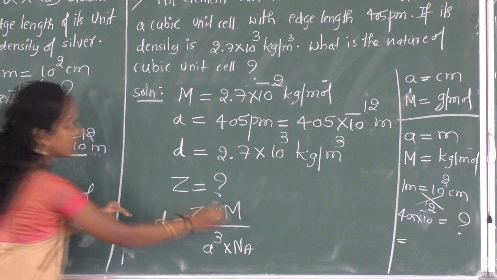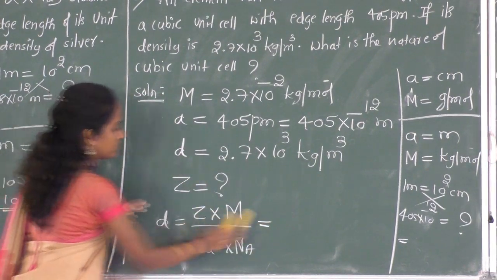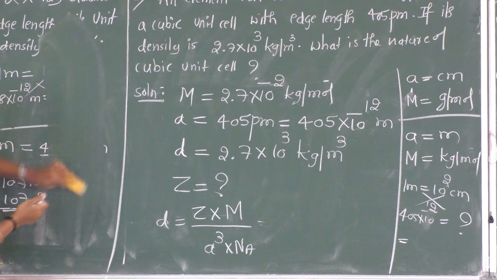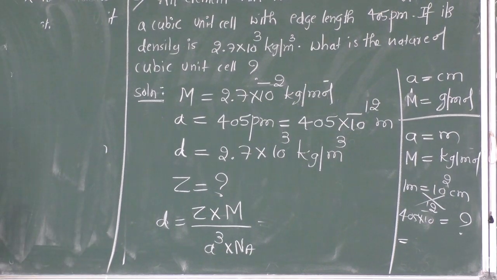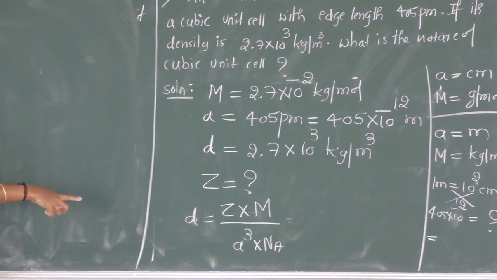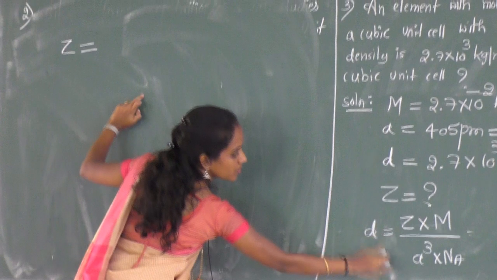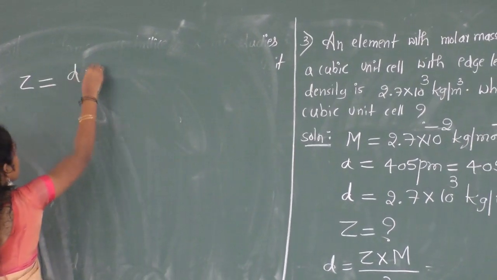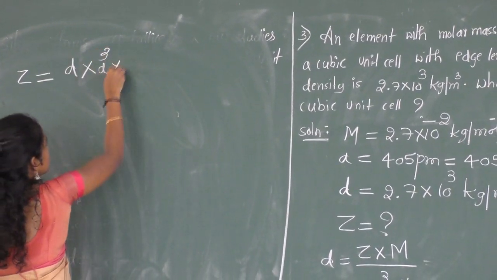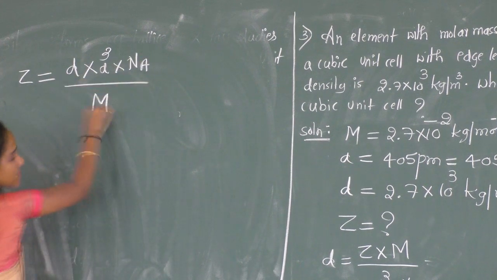So directly I'll write here, see, we need to calculate the value of Z. So Z is equal to density multiplied by edge length cube into Avogadro's number divided by molar mass.